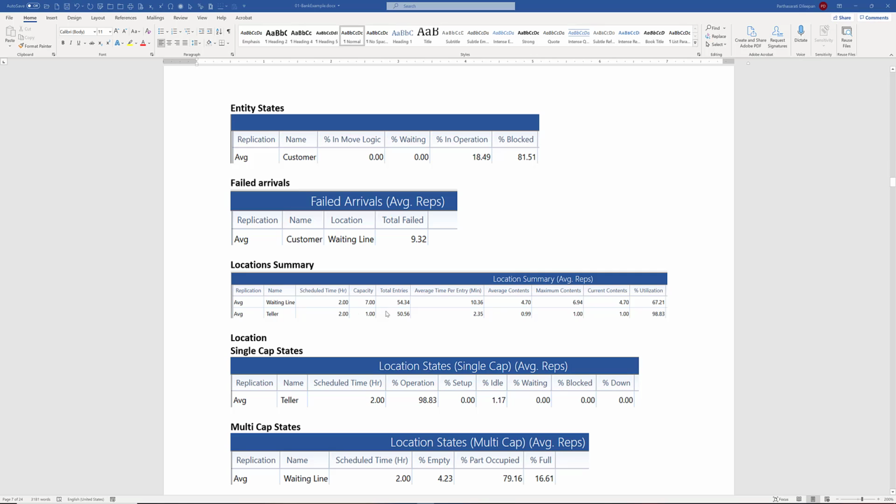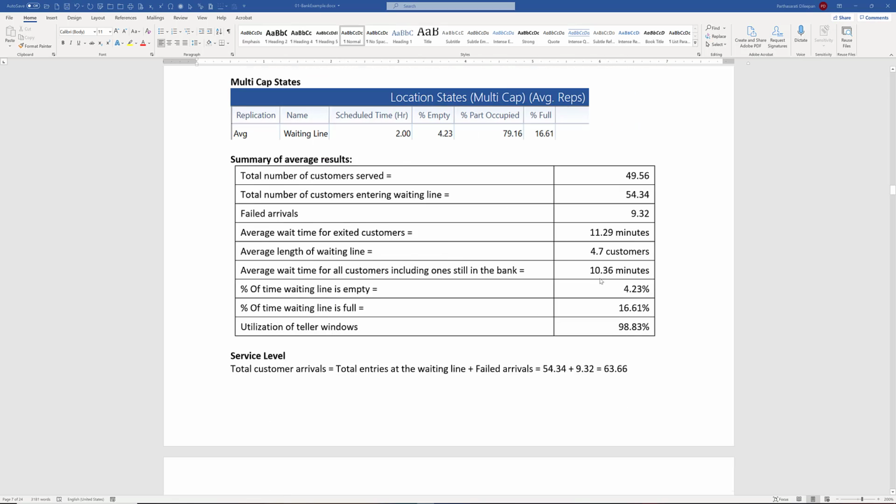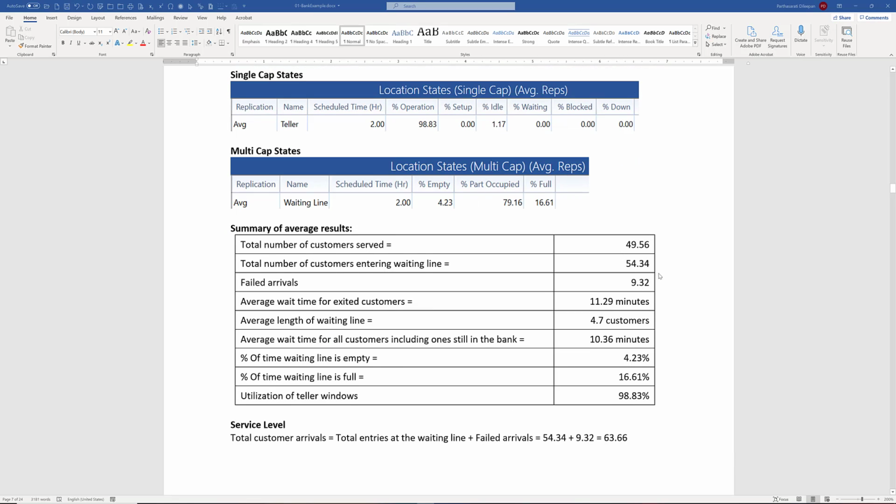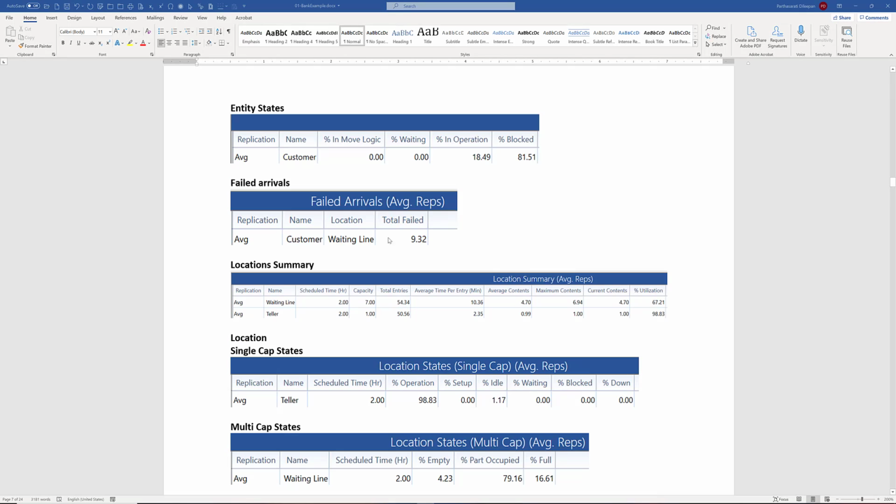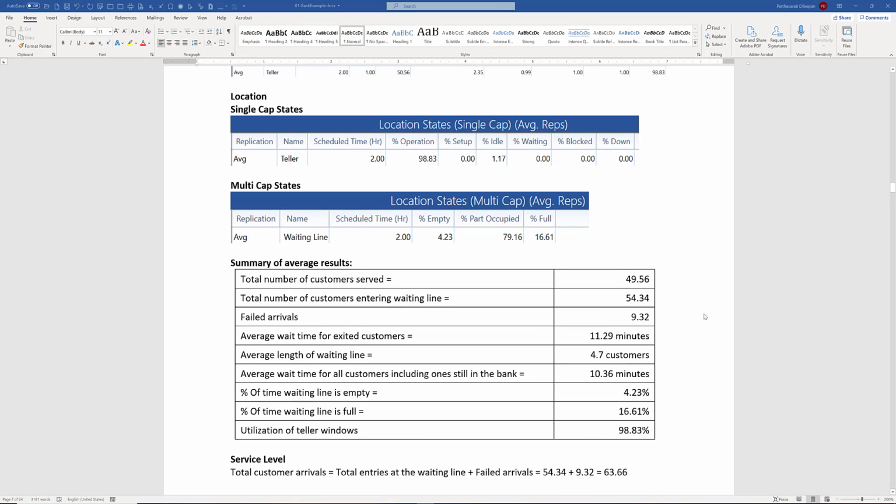So the waiting line, 54.34 people came in. So 54.34 customers came into the bank, and we have failed arrivals 9.32. If you sum these two, you get the total customers actually arriving at the entrance, of which 54.34 really entered the bank, 9.32 didn't enter. They left seeing that the waiting line is too long.